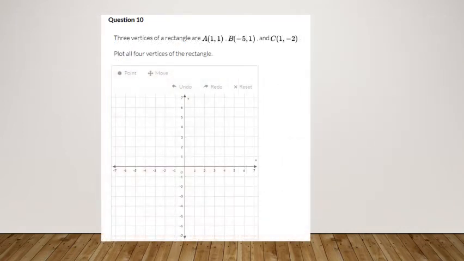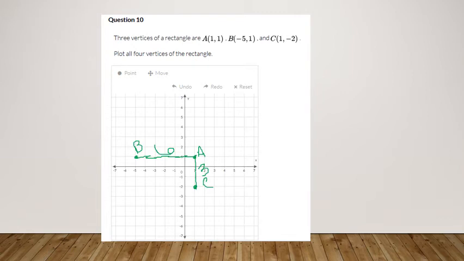Okay, so this one says three vertices of a rectangle are (1, 1), (-5, 1), and (1, -2). A rectangle is going to have a distance of 1, 2, 3, 4, 5, 6.